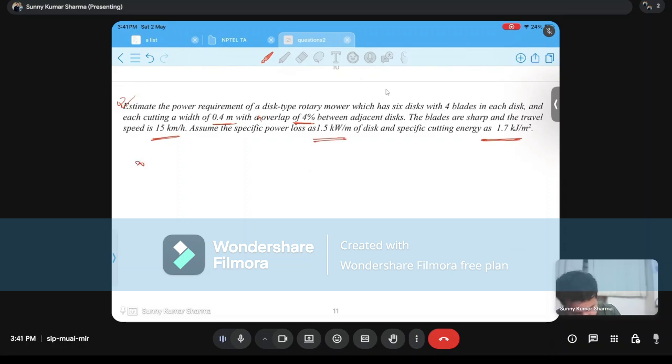So how will we solve the question? For this we need to know the expression for total power requirement.